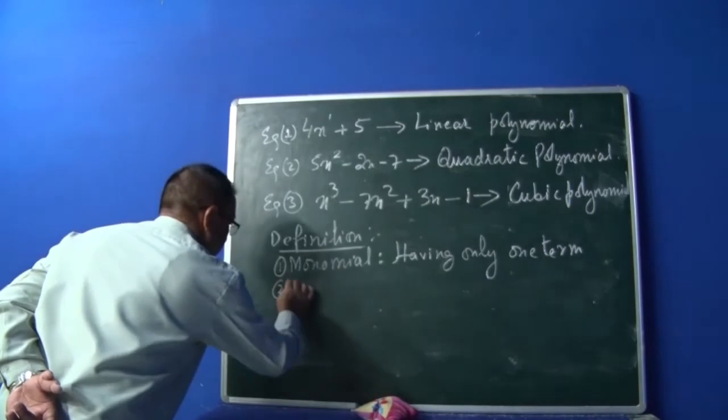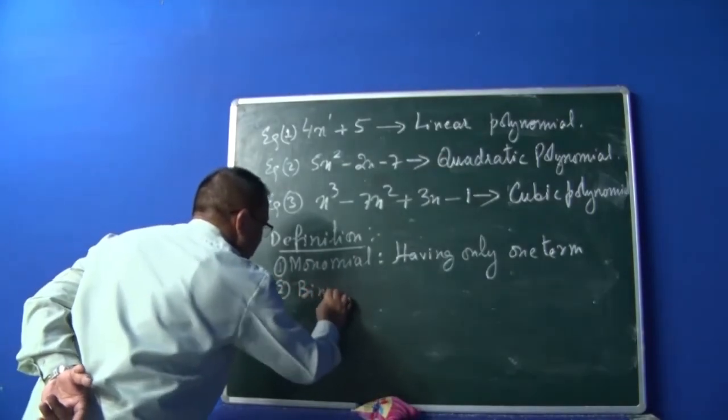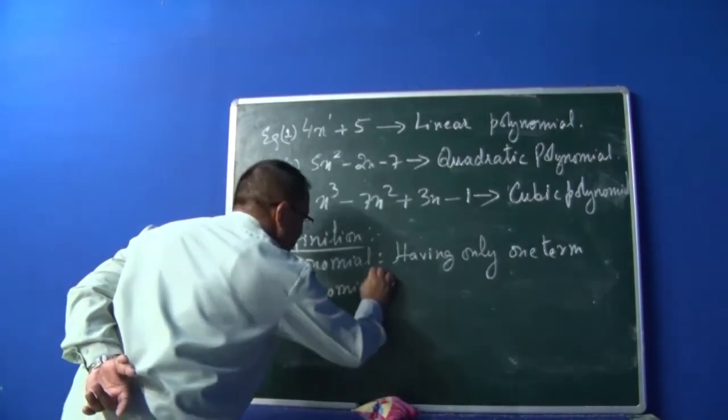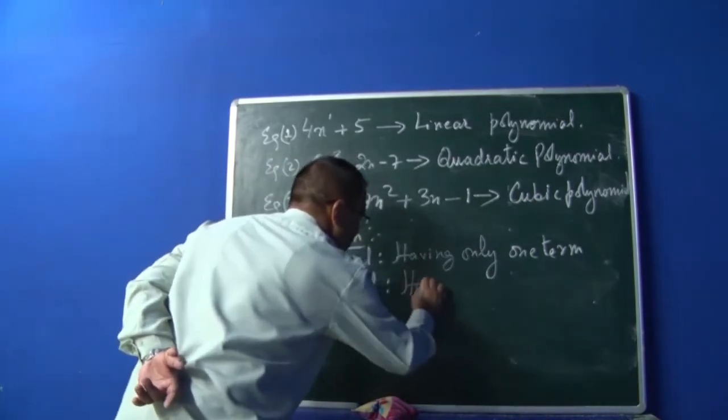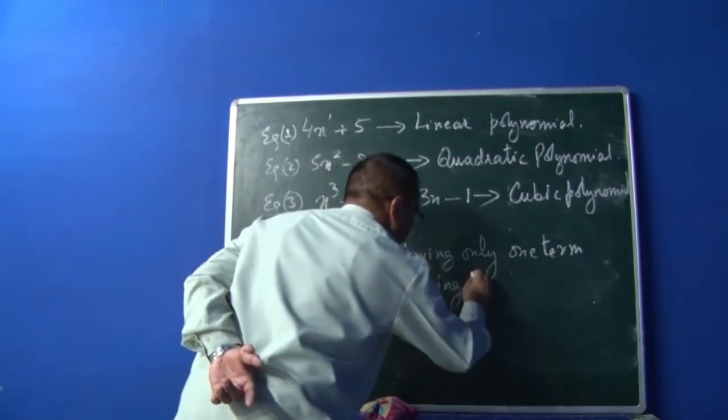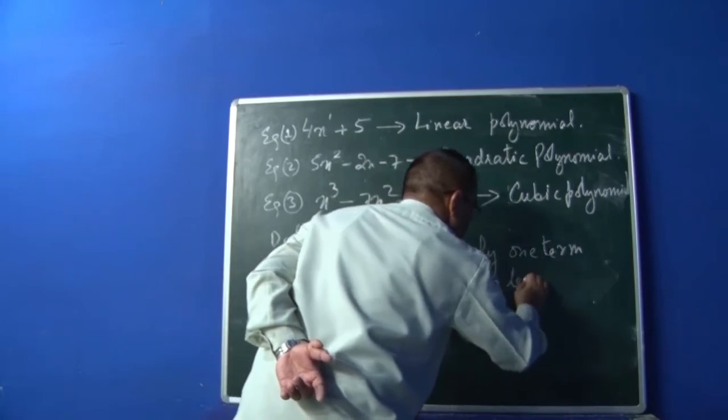Then number 2, binomial, which is having two terms.